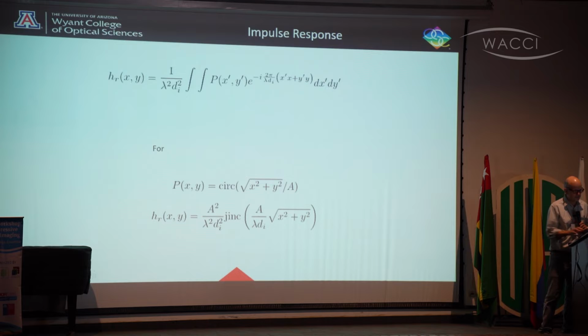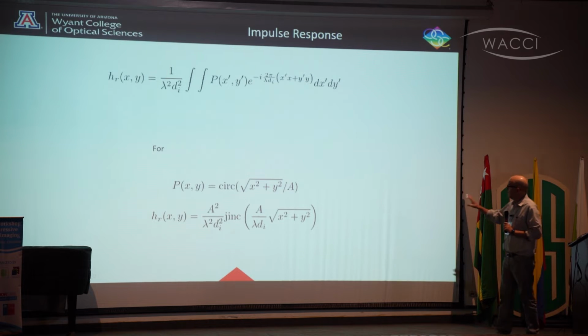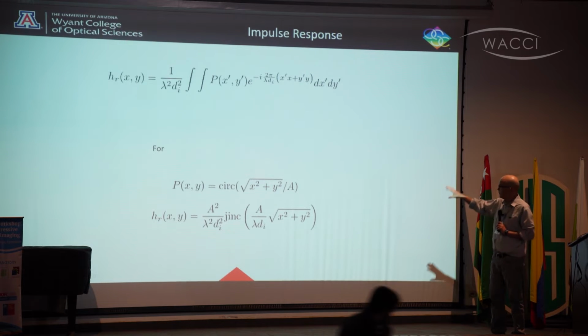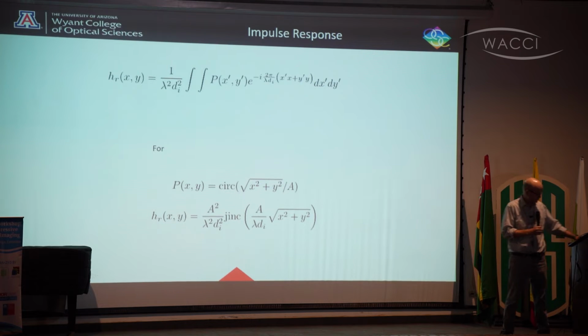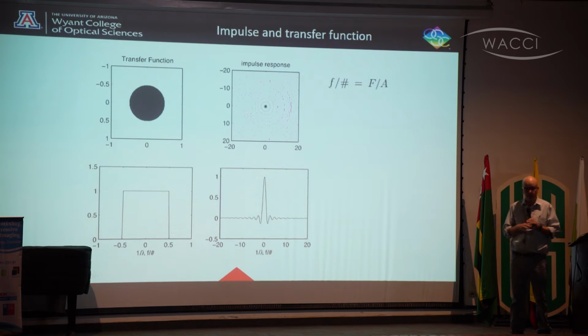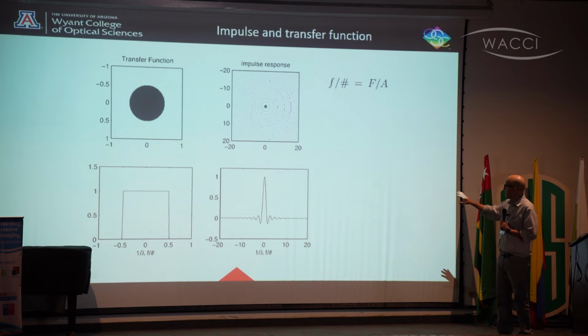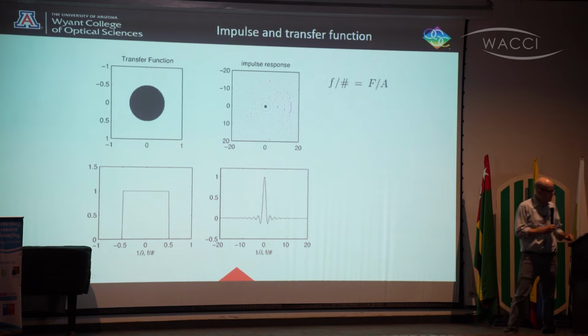Now, if you look at the standard understanding people have, they say, okay, the impulse response is the Fourier transform of the pupil. So if you have a circular pupil, your impulse response is this Airy pattern. And so people say, for a coherent imaging system, the passband, the transfer function, looks like a disk, and all frequencies within the disk are passed, and an impulse creates this little Airy pattern in space.